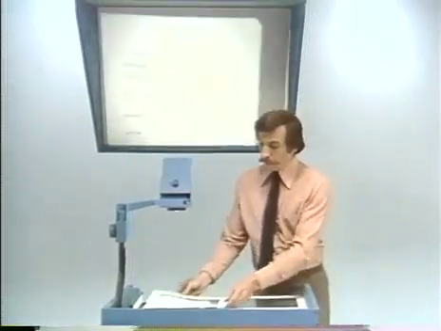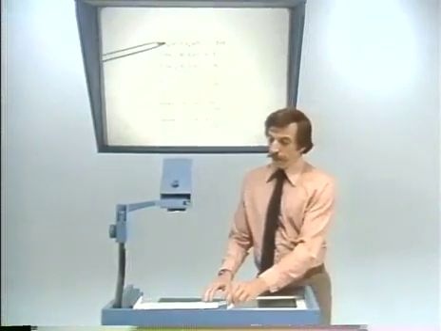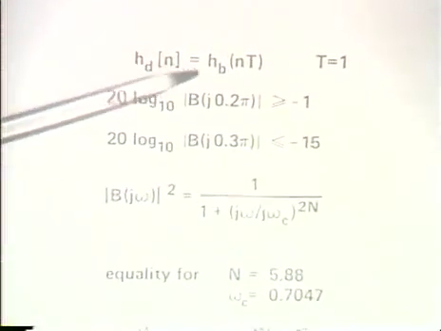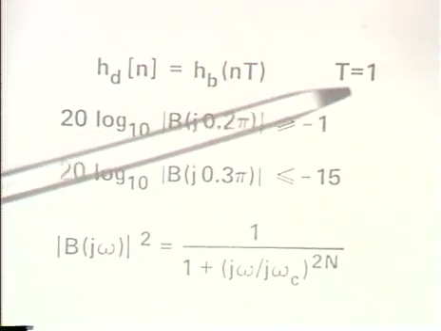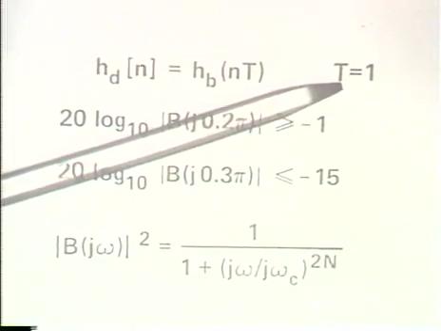All right, so let's do that then. We want the discrete time impulse response to be the continuous time impulse response sampled. And for convenience, I'm going to pick this parameter capital T equal to 1.